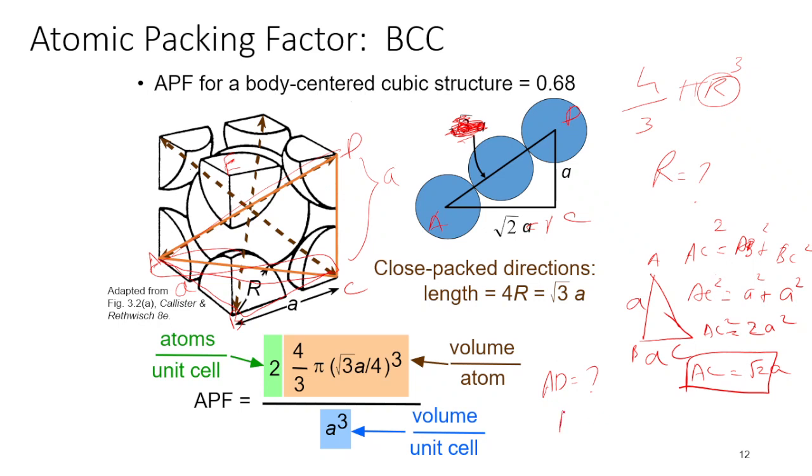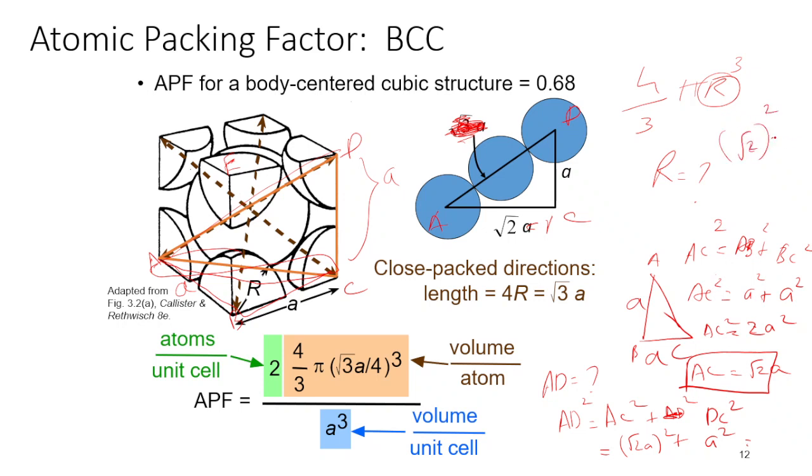So we have AD square is equal to AC square plus DC square, right? And AC square we already know, root 2 a whole square, plus DC square, which is a square. What is root 2 square?